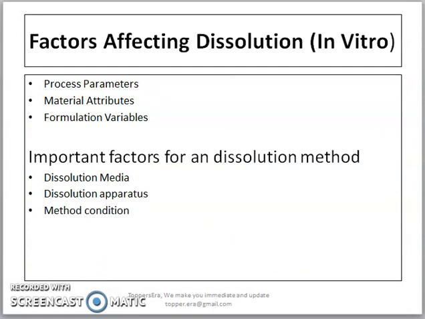Now we will talk about factors affecting in vitro dissolution. Process parameters, material attributes, and formulation variables are important to study the release profile. Parallelly, from an analytical method point of view, dissolution media, apparatus, and method conditions are important in the study of a dissolution profile.